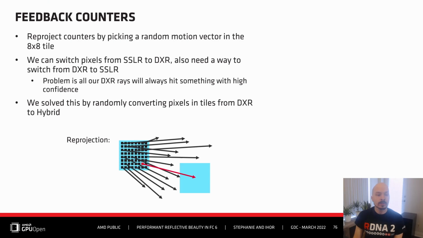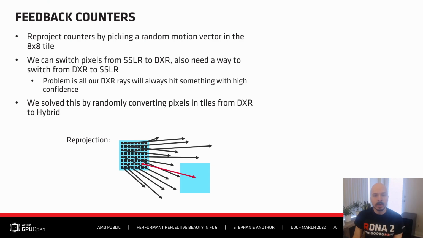What you'll also notice is that we've only ever mentioned ways of switching SSLR to DXR. We need a mechanism also to switch from DXR pixels to SSLR, because otherwise our feedback counters over time will only ever converge on having DXR rays, and we'll never get the advantage of using SSLR for the rays that don't need DXR.